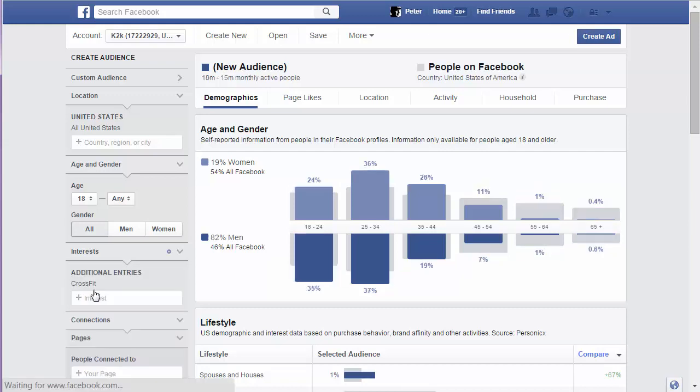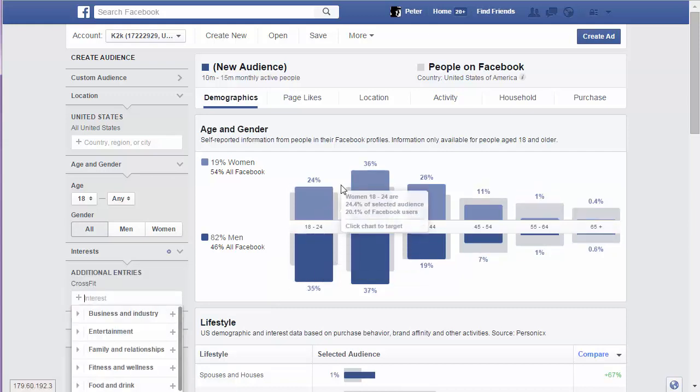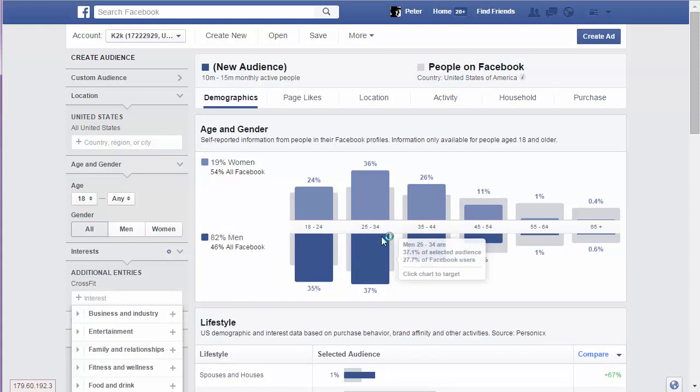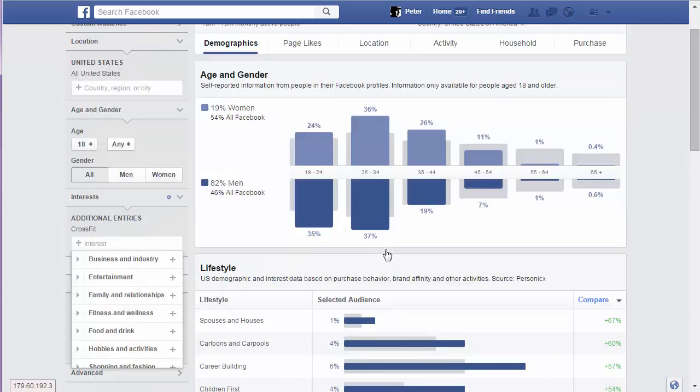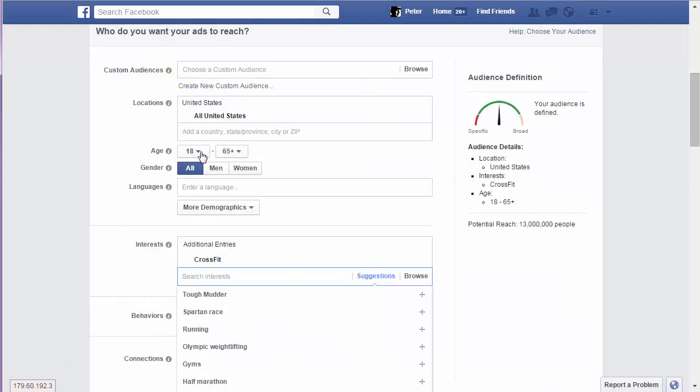But now we can see that most of them are men and the most popular age group is 25 to 34, so that gives us a clue. So let's go back and, was it 25 to 34? Let's go back to here.